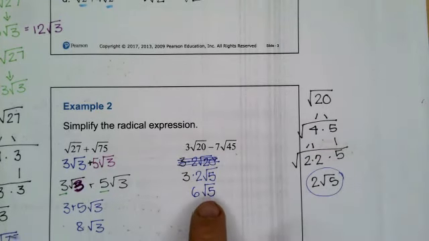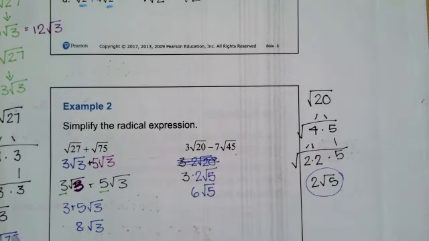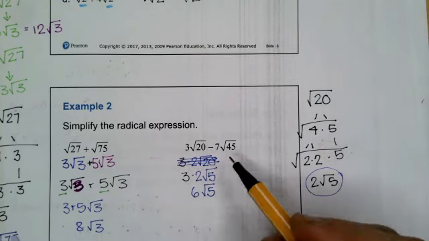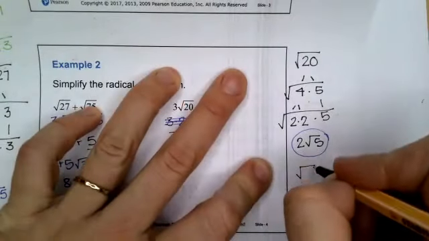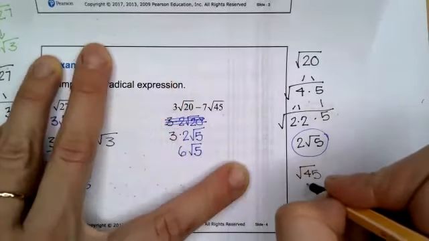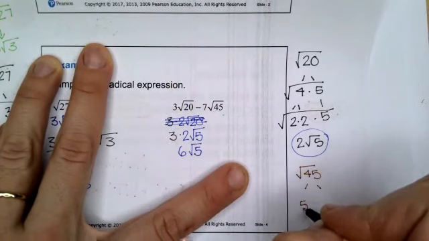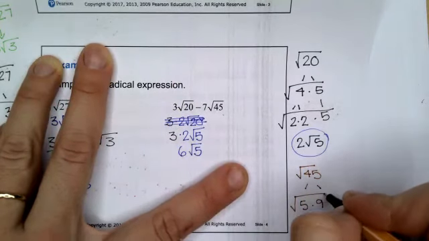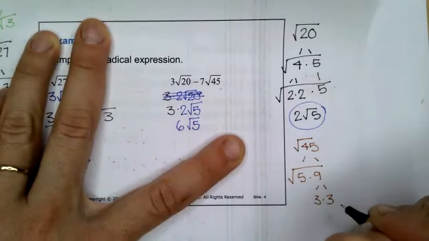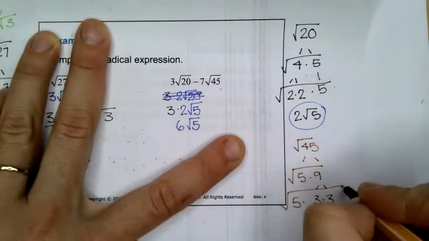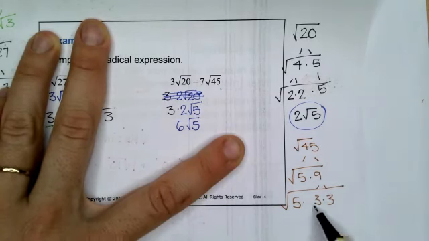Now that I know that this is my radicand, I want to take 45 and divide it by 5 and hope that whatever the answer is to 45 divided by 5 is a perfect square, right? So 45 divided by 5 is 9, and 9 is a perfect square because 9 is 3 times 3. So now we have 5 times 3 times 3.